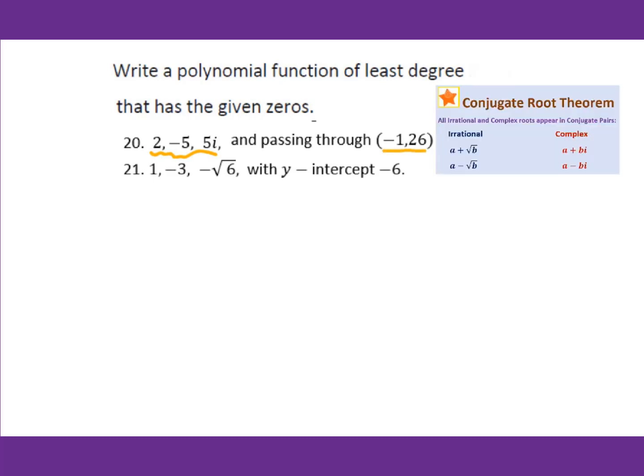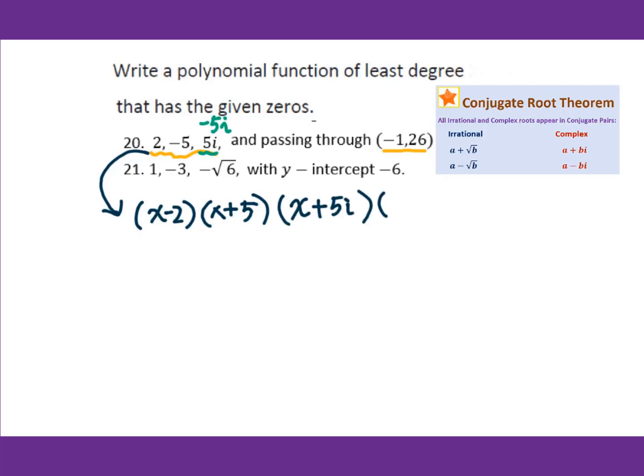According to the conjugate root theorem, 5i is a root, which means negative 5i is also a root. Therefore, for 20, we can write down the factor for each root. That will be x minus 2, x plus 5, x plus 5i, and x minus 5i.